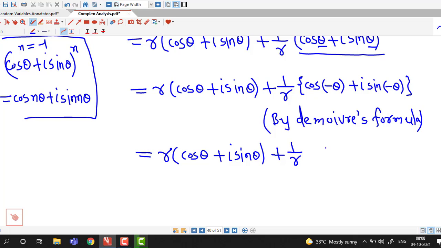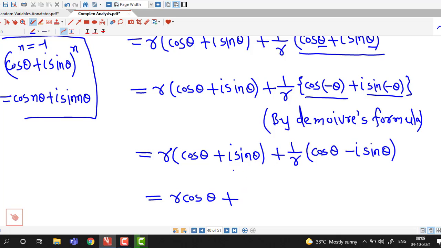Now this we keep as it is for the time being, r into (cos theta plus i sin theta) plus 1 by r. Now we know that cos is an even function, so cosine of minus theta is cos theta, and sine is an odd function, so sine of minus theta is minus sin theta. So this is minus i times sin theta. Now we collect those terms which are not multiplied with i and terms which are multiplied with i.